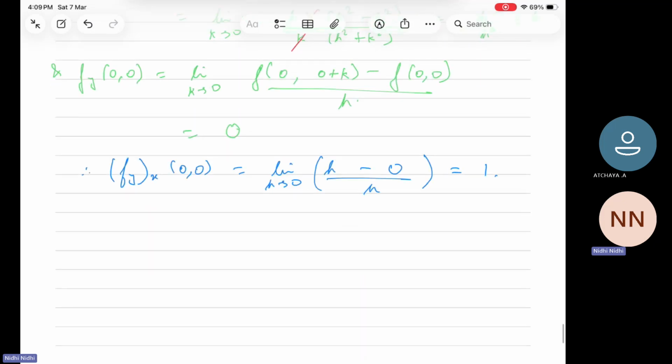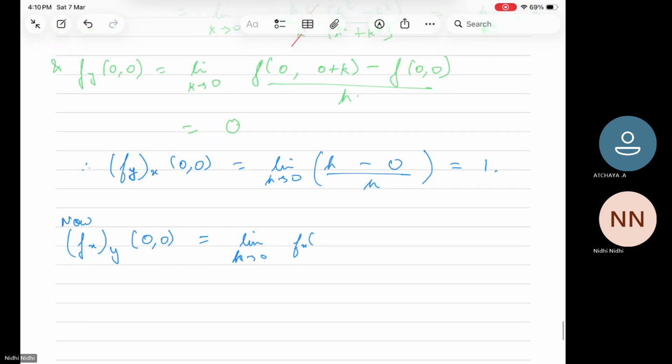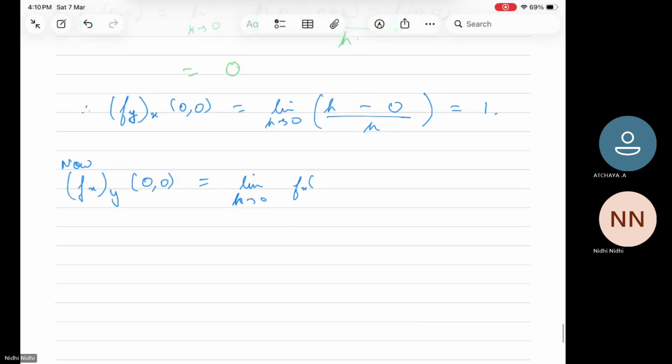Now let's see what will be our fxy. Now fxy at (0, 0), by definition, is limit h tending to 0 of (fx(0, 0 plus h) minus fx(0, 0)) upon h.